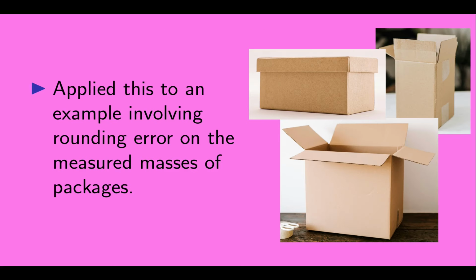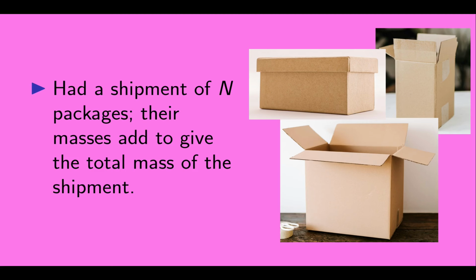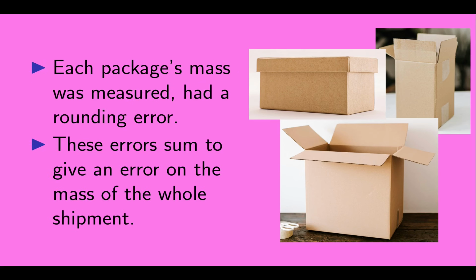We then applied these results to an example involving the rounding error on the measured masses of packages. In this scenario, we had a shipment of n packages, their masses adding up to give the total mass of the shipment. Each package's mass was measured, and it had a rounding error, which we took to be by far the largest source of error.